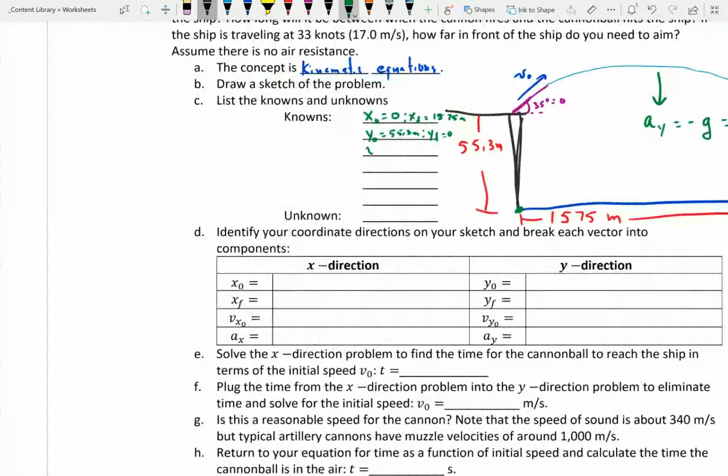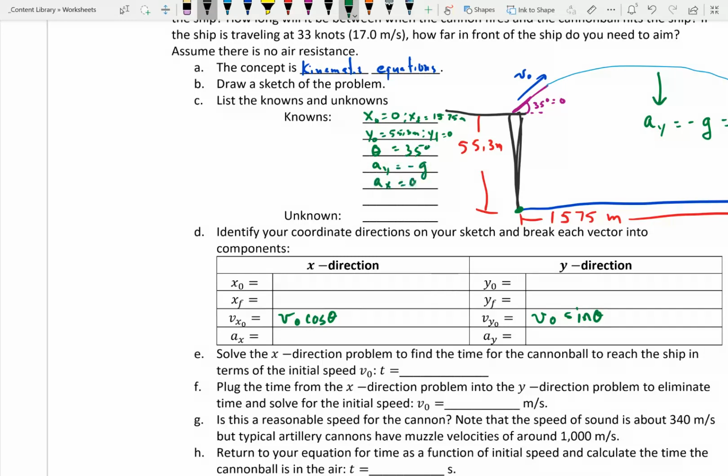So Vx0 is V0 cosine theta. Vy0, well, these aren't actually, I'm going to put those down here. Let's go straight to theta is 35 degrees. We knew the acceleration in the y direction is equal to minus g.